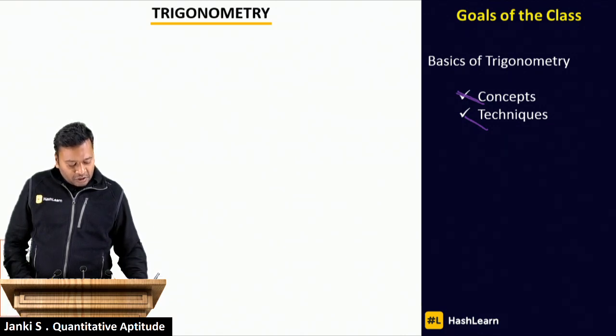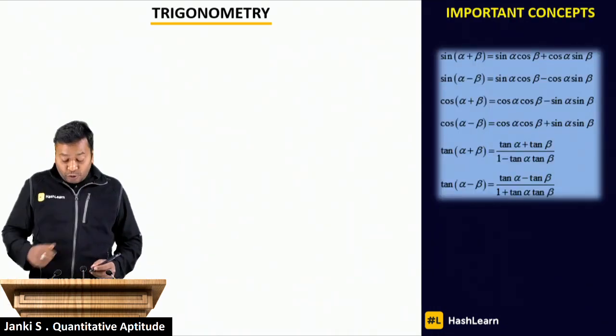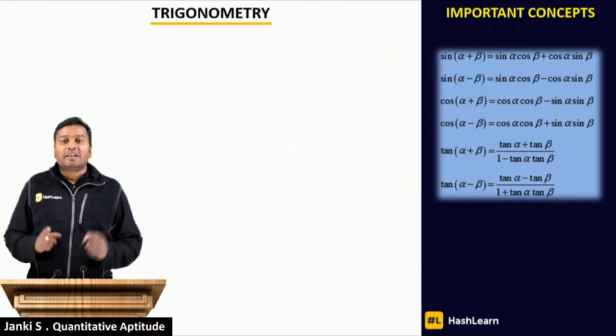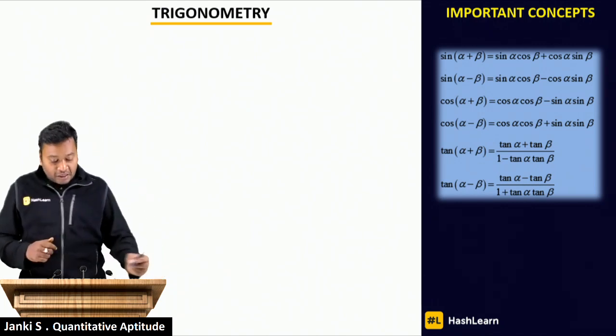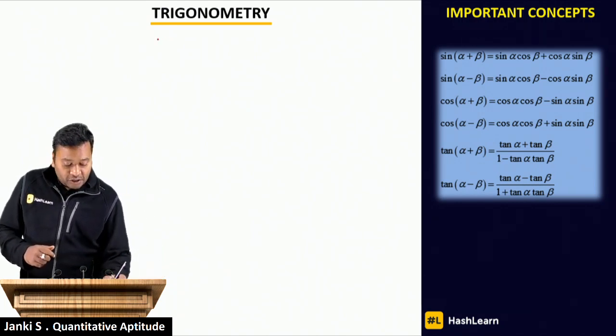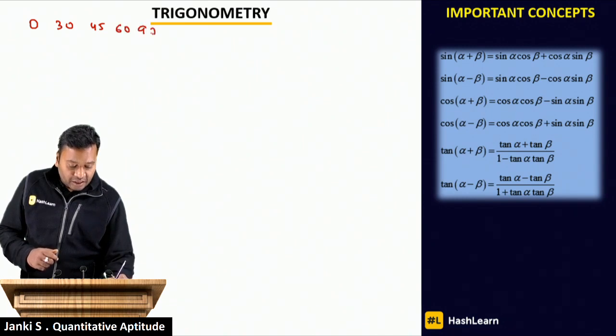So let's work on some of the basic formulas, which I have not written here, so that we can brush up the things. The first important things to keep in mind are the angle relations: 0 degree, 30 degree, 45 degree, 60 degree, 90 degree.